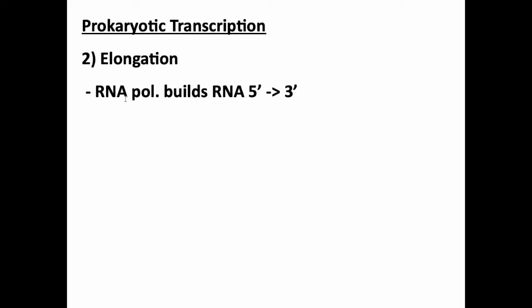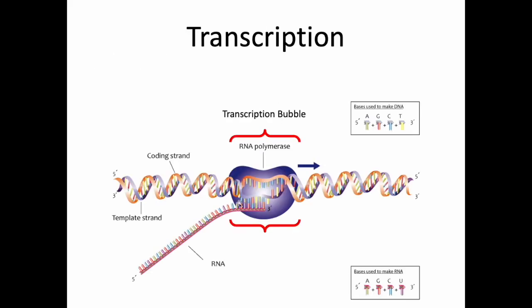This enzyme, RNA polymerase, has the same limitation that DNA polymerase had in that it is only able to construct its thing in the 5' to 3' direction. We can see this here. We've labeled the strands of DNA, the RNA, and this arrow is showing the direction of unwinding, the direction of this transcription bubble.